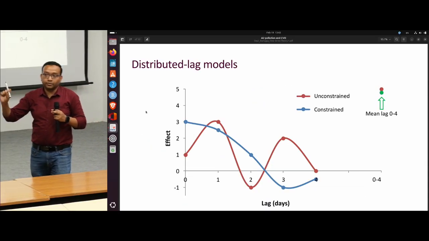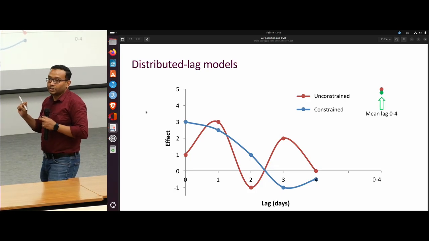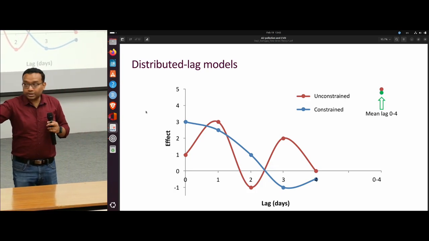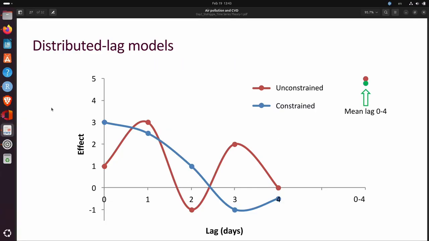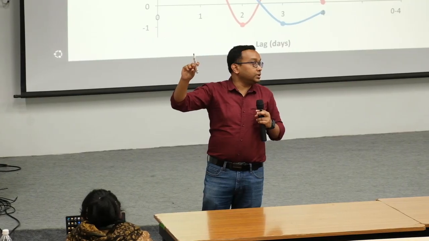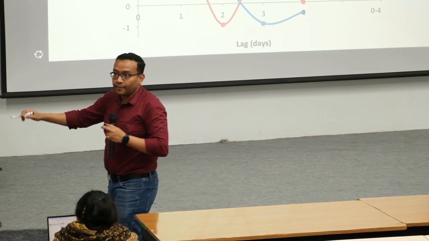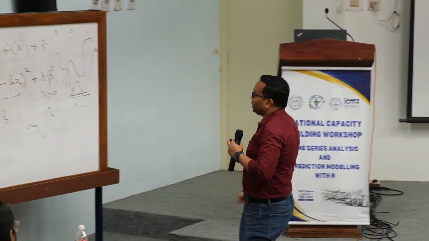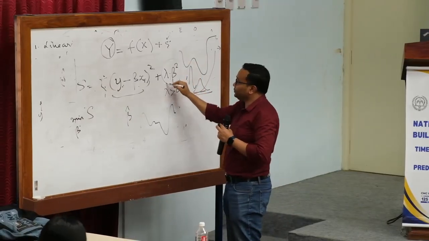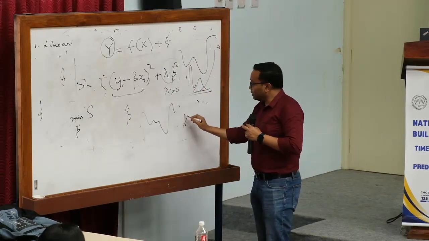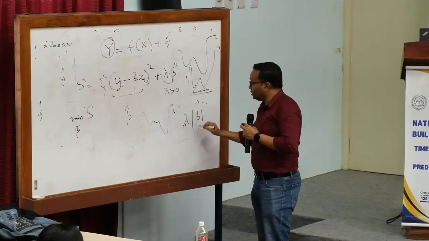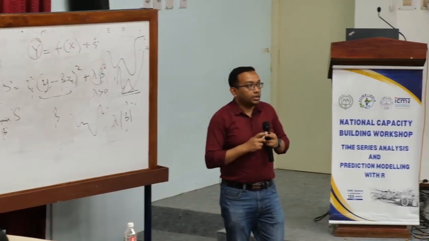So you're shrinking estimates towards 0 or to 0. So this setup will never become 0, it will become close to 0. So this is called a ridge regression. So it depends on what you are penalizing on. So there are systems where you can put a penalty on the absolute value.